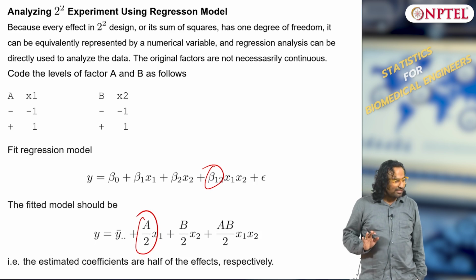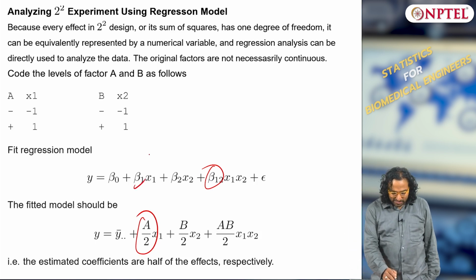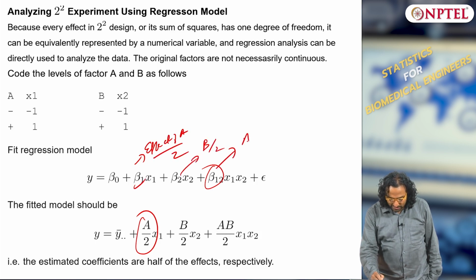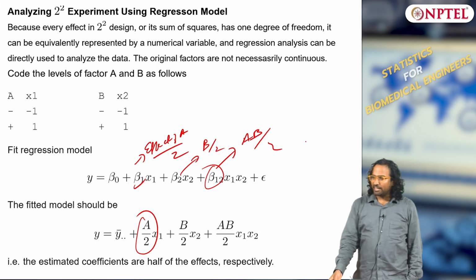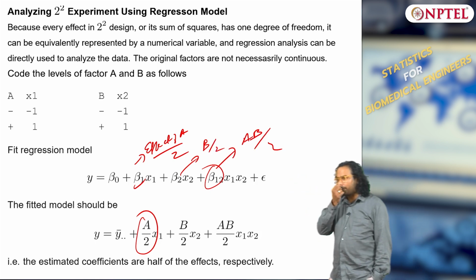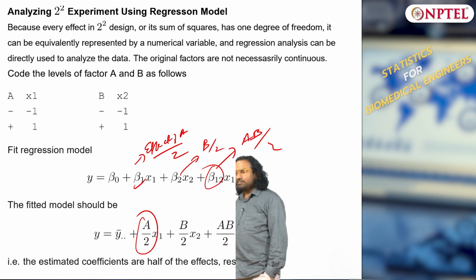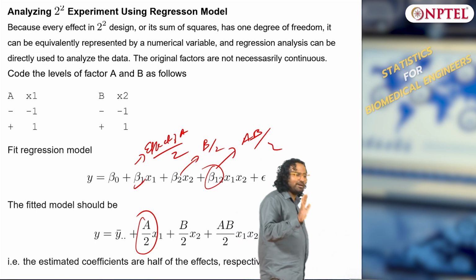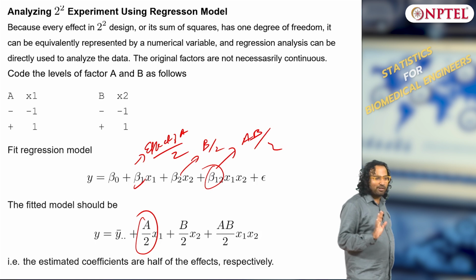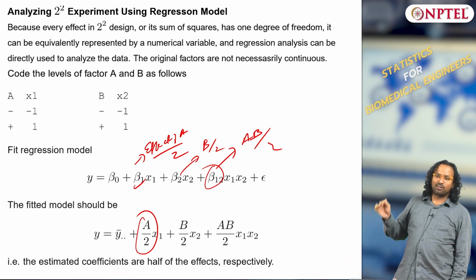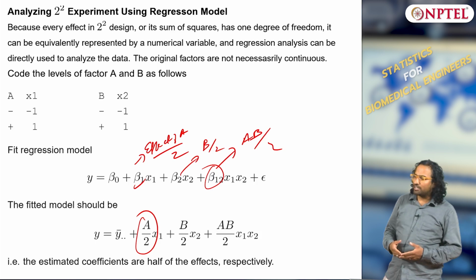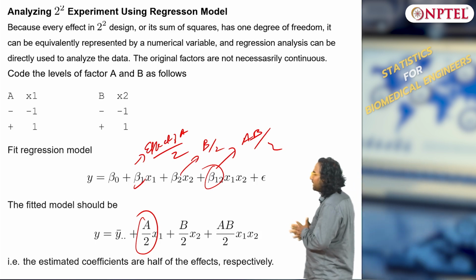That is why I have directly written beta 1 is effect of A by 2, effect of B by 2, and this is AB by 2. All parameters are nothing but effect divided by 2.